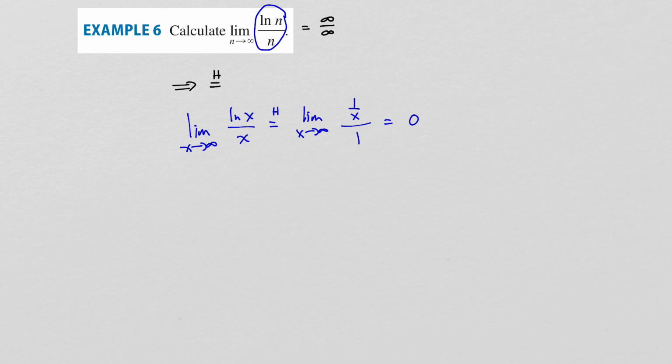However, it really isn't any different to simply take the limit as n goes to infinity and just apply the derivatives in terms of n. Now, technically, again, you're not supposed to do this. And the reason is because this is a sequence, and a sequence is not a continuous function. It's only defined for integer values.